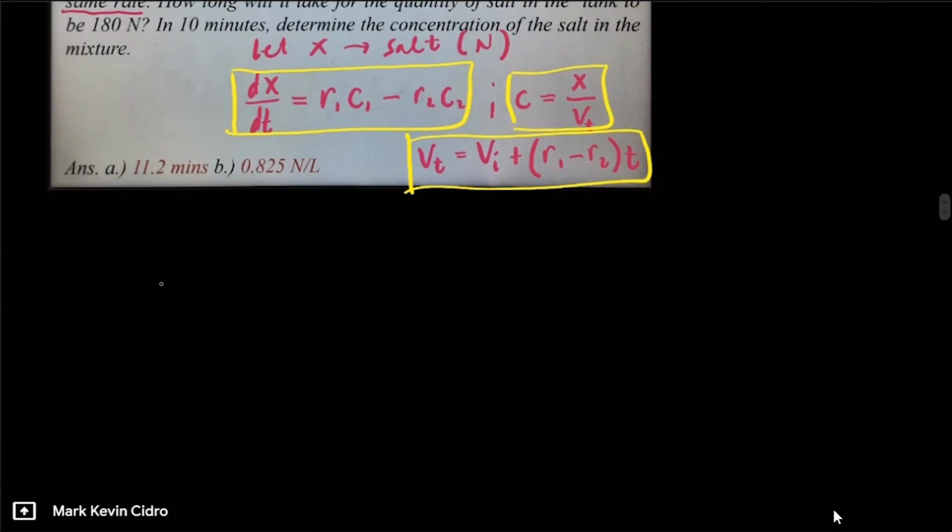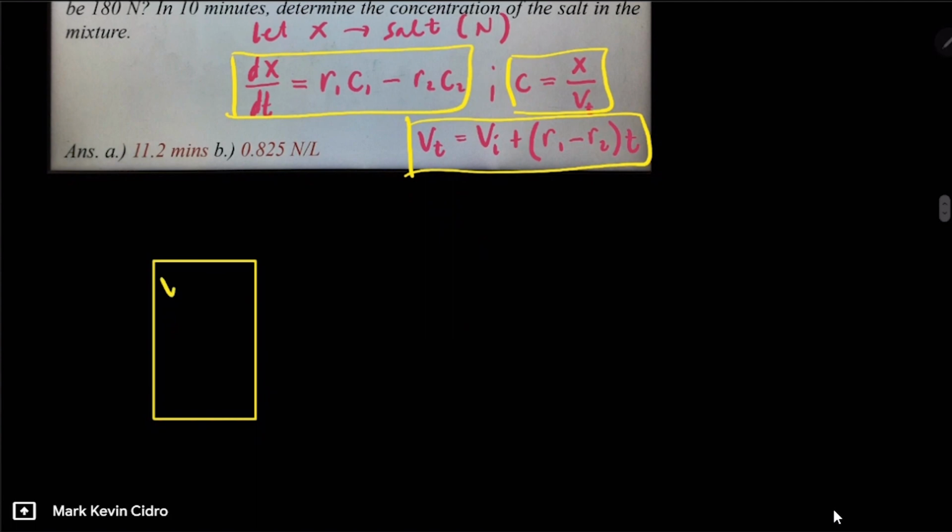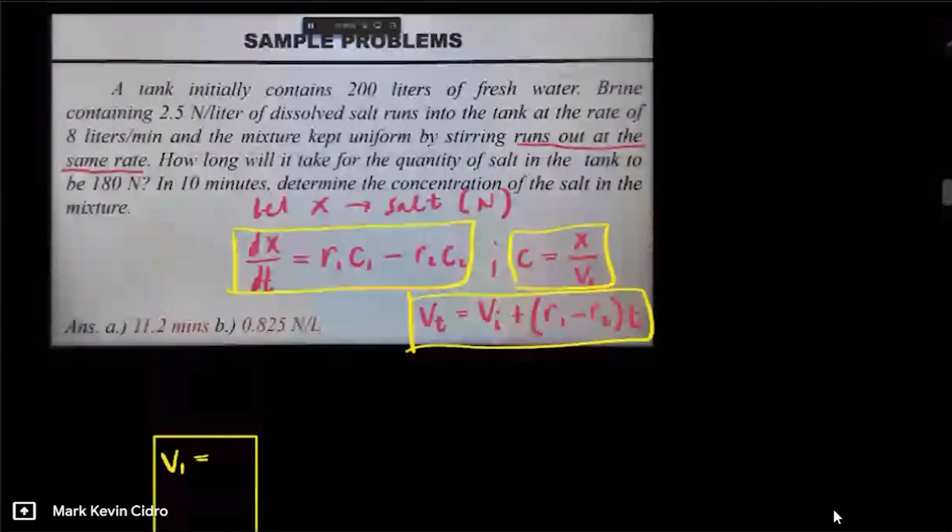Let's illustrate here. We draw the illustration. We have the initial volume, VI, that is equal to 200 liters.